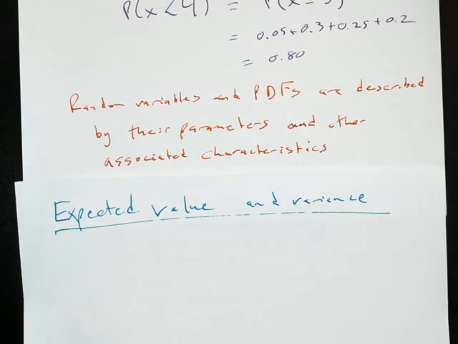The two most common are expected value and variance.